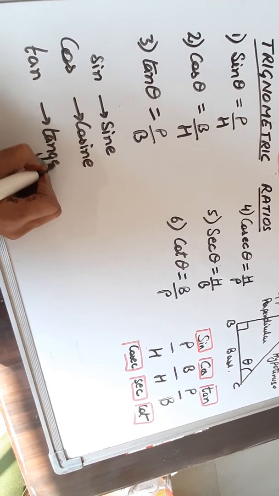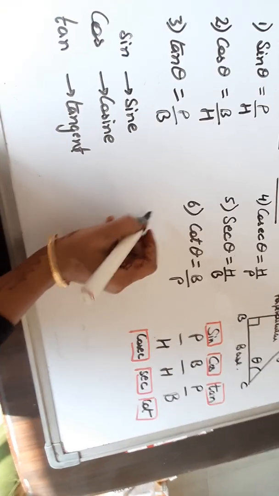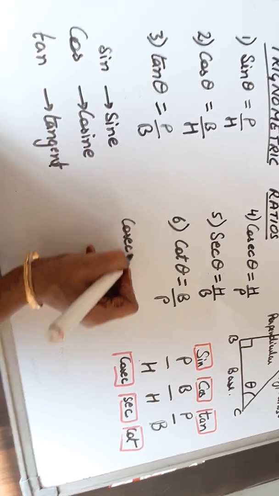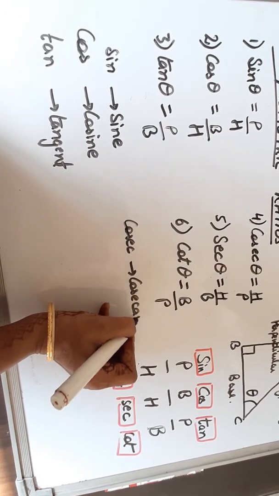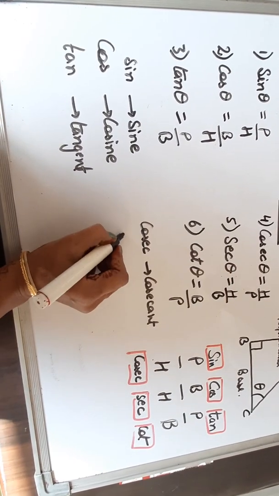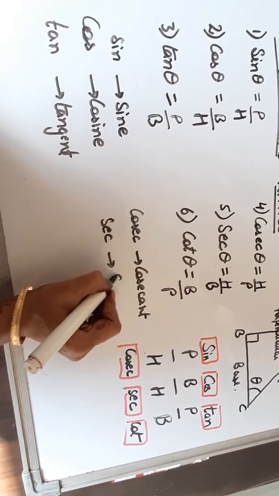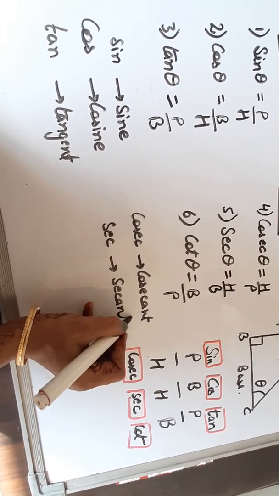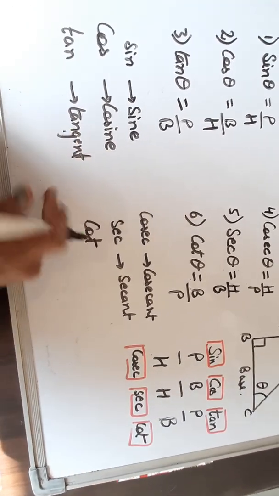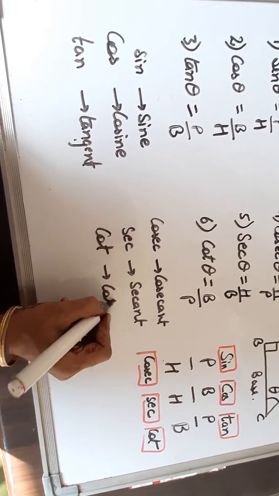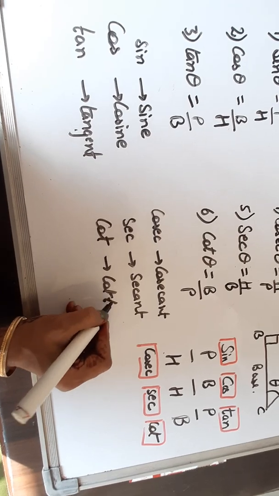Everyone has heard these. Then cosec is cosecant, sec is secant, and cot is cotangent.